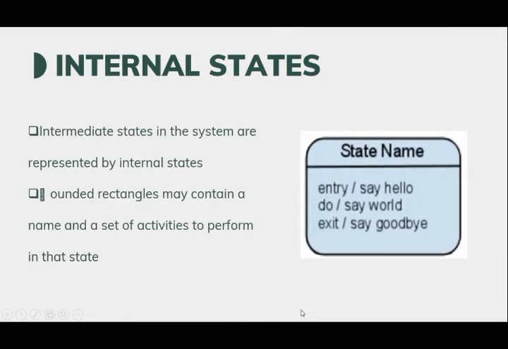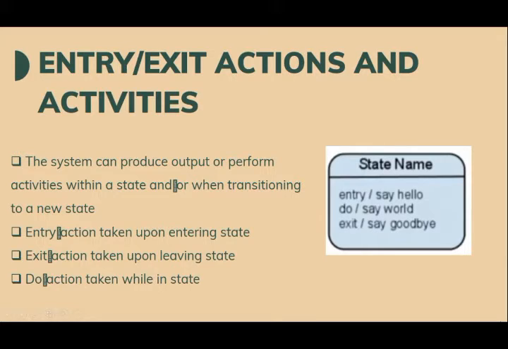Next is the internal state. Intermediate states in a system are represented by internal states. Rounded rectangles may contain a name and a set of activities to perform in that state. So, as you can see, in this example, the left side is the condition and the right side is the activity. Next are the entry and exit actions and activities.